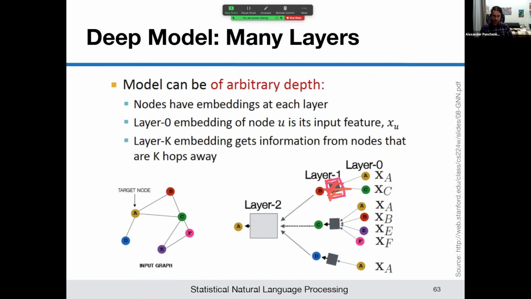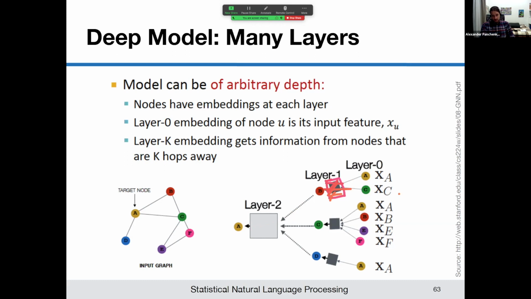We'll speak later about these aggregation functions. So they are connected through these aggregation functions, and then they are used to predict the features of the target node.